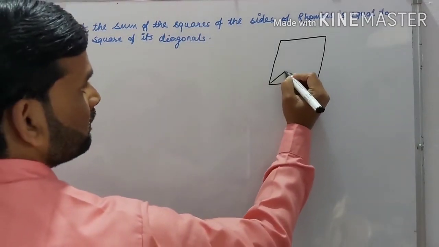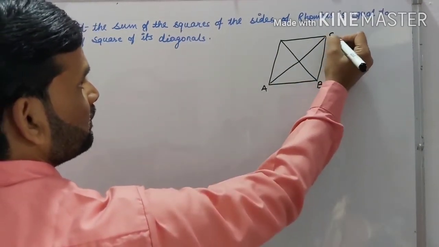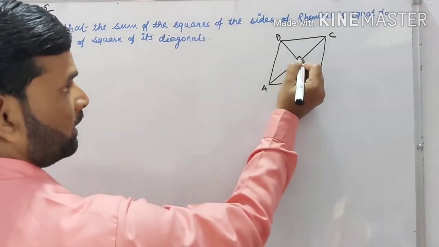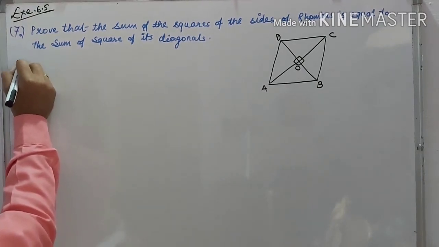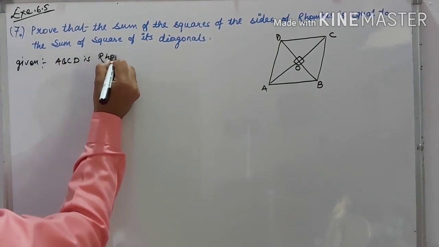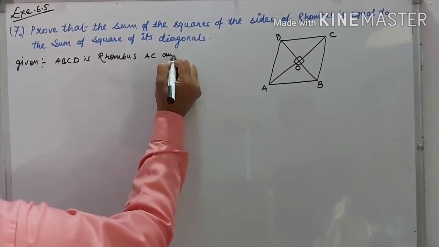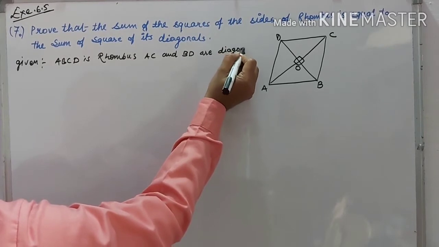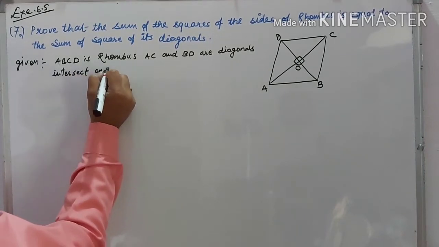The given shape is a rhombus, so you draw the diagonals inside ABCD, and the diagonals intersect at the point O. Given: ABCD is a rhombus, and AC and BD are diagonals that intersect at O.